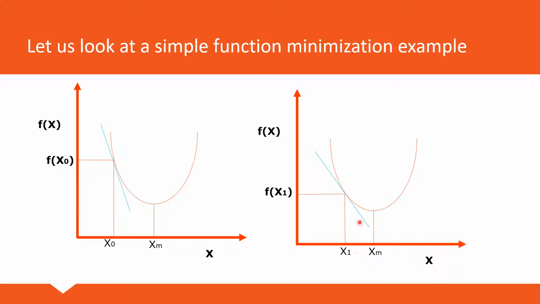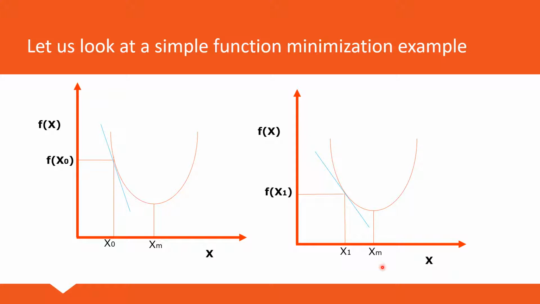Then I can again calculate the derivative of the function f at the point x1 and calculate the gradient there, and using that value of the gradient, I can further move x1 in the direction of xm. That will take x1 more towards xm, and like this iteratively we can keep moving the initial choice x naught towards the desired value xm.